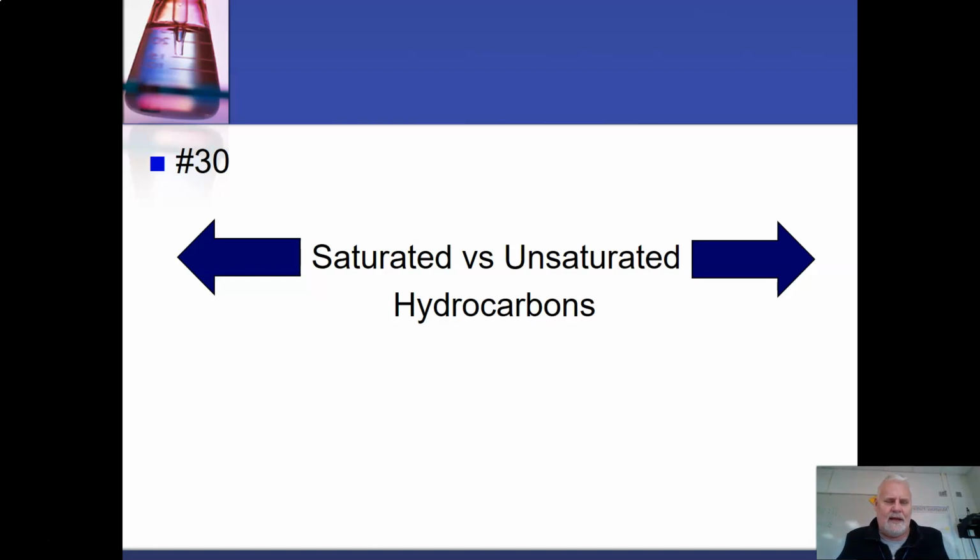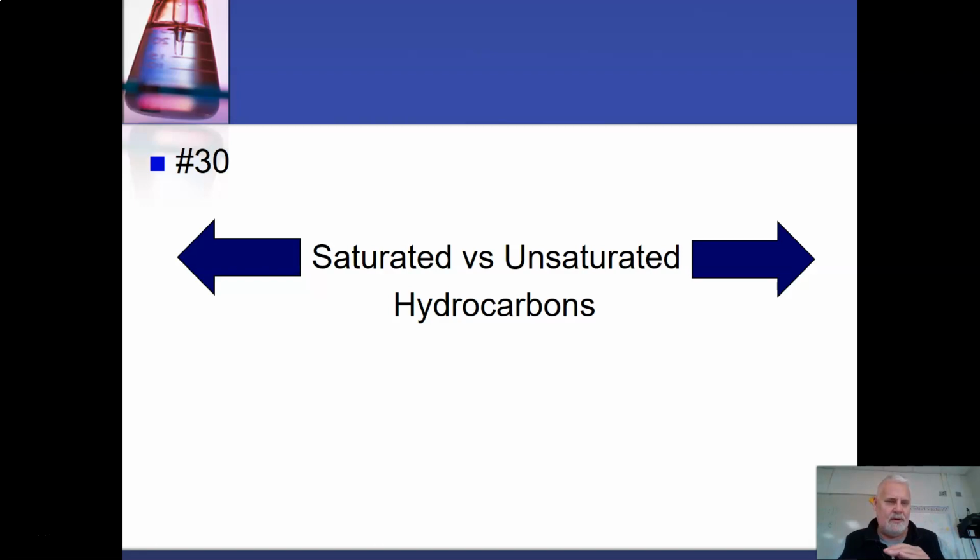Number 30 is talking about saturated versus unsaturated hydrocarbons. Those arrows were for me to draw these structures out for you, but I'm just going to give you the definition here. A saturated hydrocarbon is just straight chain carbons with no double or triple bonds. It's saturated with hydrogens.